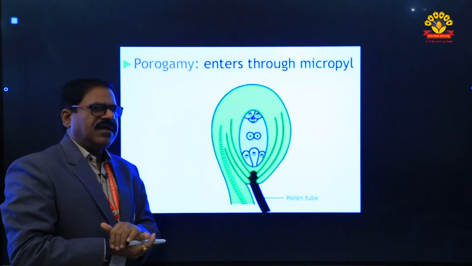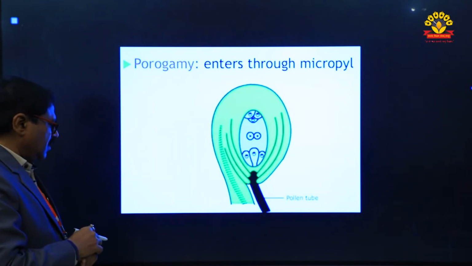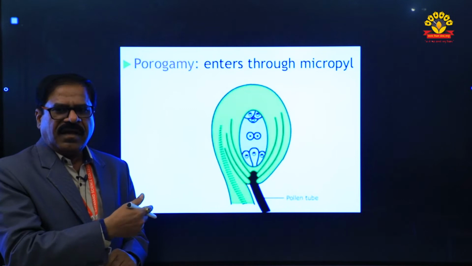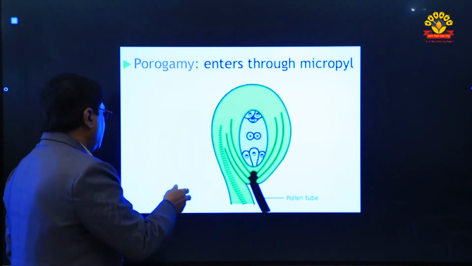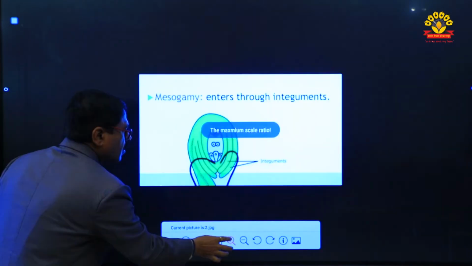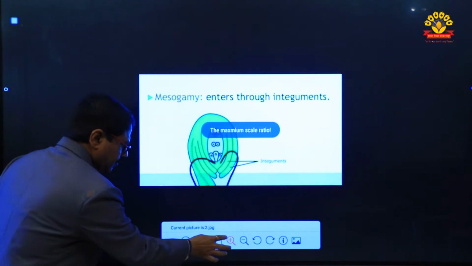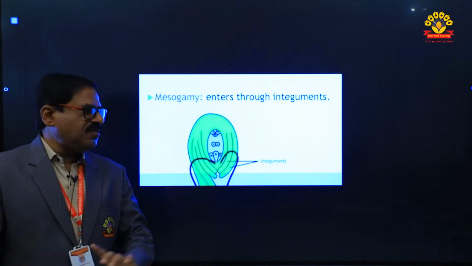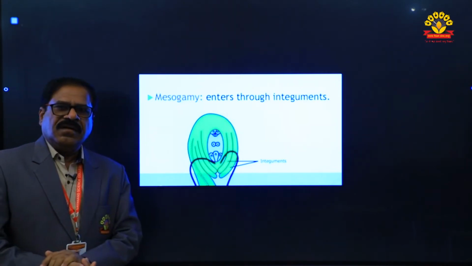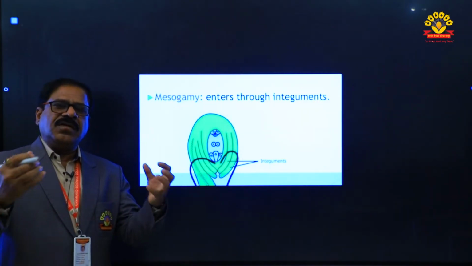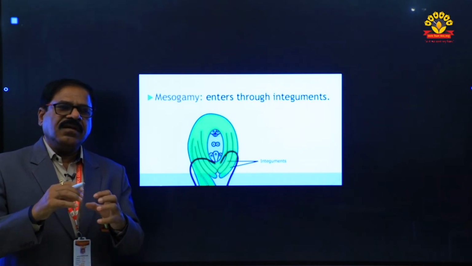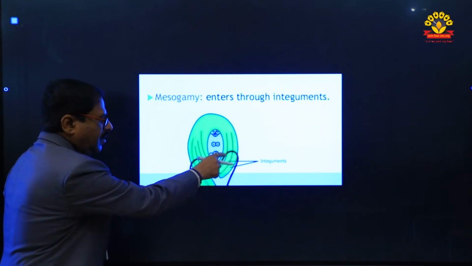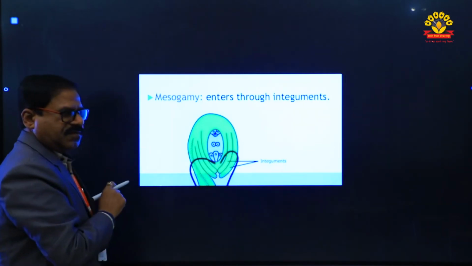Another type of entry of the pollen tube: in some ovules the pollen tube enters through the second part. This is the second type of entry of the pollen tube in the ovule body. In some plants, the pollen tube enters through the integuments.